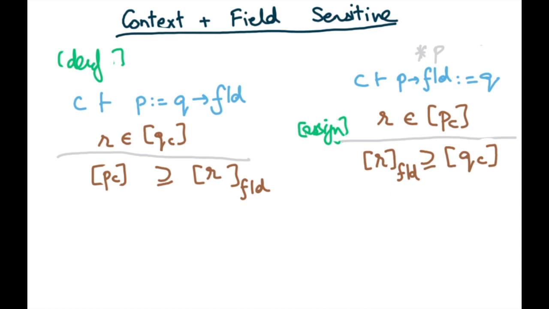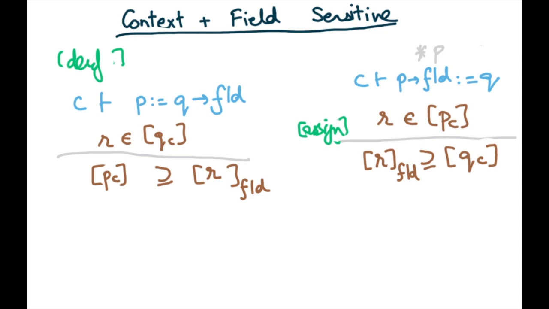That basically means that the outgoing edges of QC are used to update the outgoing edges of R, where all the new edges are annotated FLD, and if those edges already existed, then the FLD label is added to those edges if that label didn't already exist. Said differently, all the new edges that I add to the outgoing edges of R should have the label FLD. So this is how you could combine context sensitivity and field sensitivity.